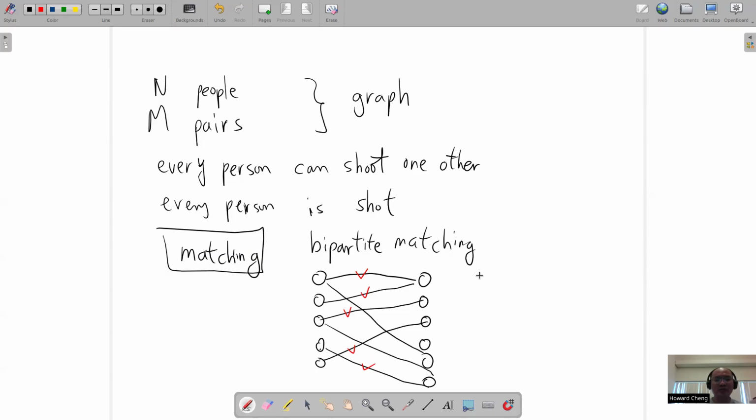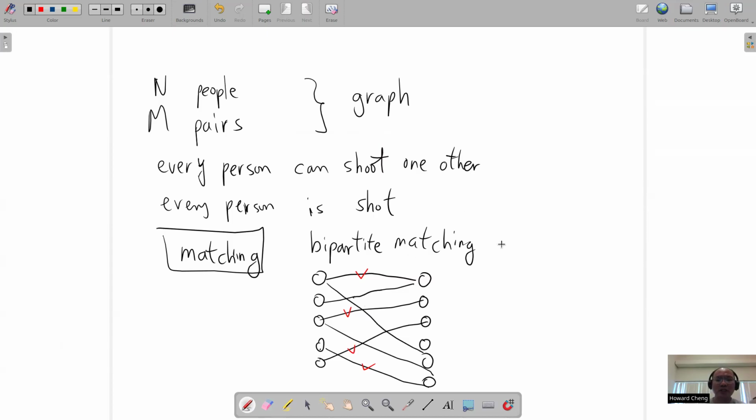You want to choose some subset of edges so that, no, sorry, every vertex is touched by at most one edge. So if I chose this edge, then this vertex would have two. So that wouldn't work.